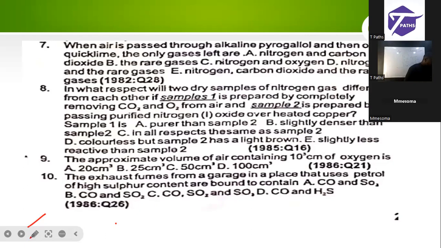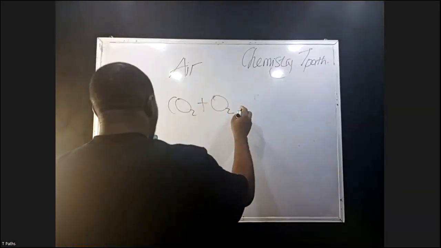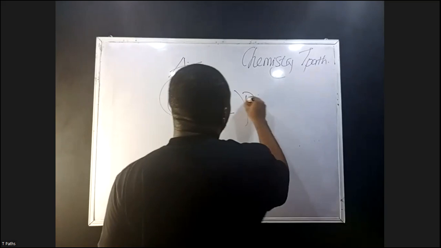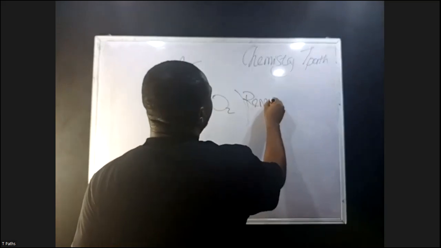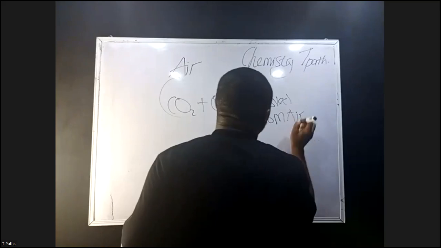Let's quickly show what I'm trying to say. Sample 1 and sample 2. You can see sample 1 from the question there. Sample 1 is prepared by completely removing CO2 plus O2 from air.